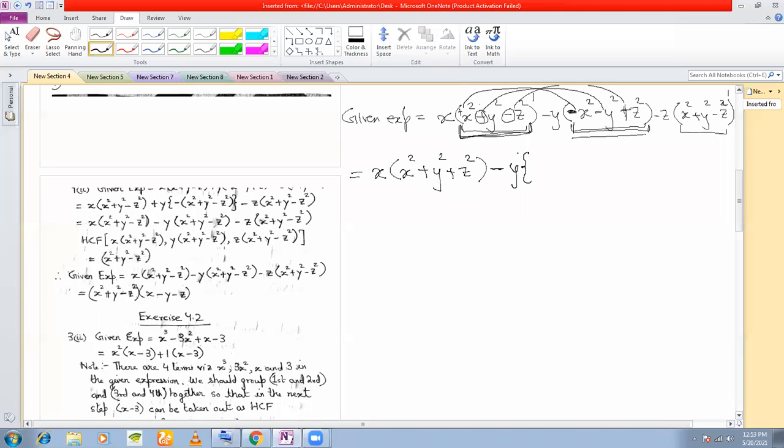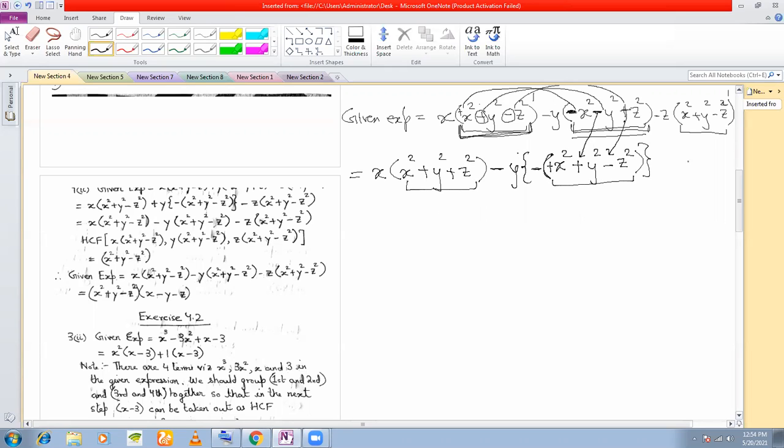Now, if I take this minus sign out and introduce a bracket, what happens? I get a plus x square, a plus y square, and the plus z square changes to a minus z square. So now this and this are the same.